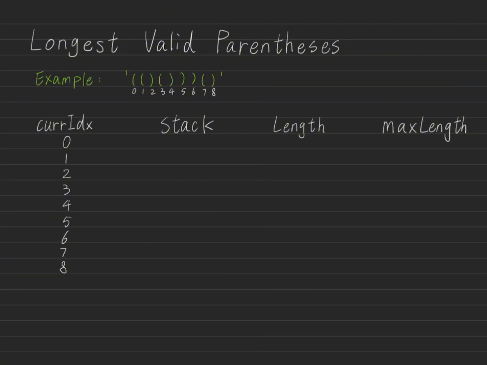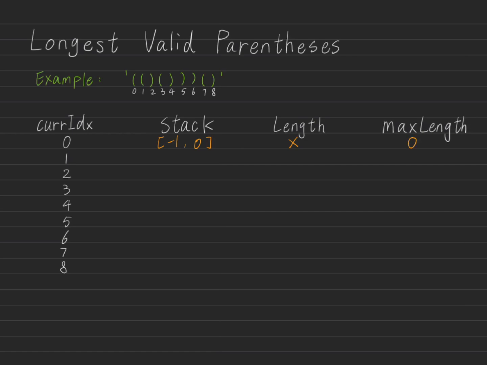So let's go through an example step by step together. At index 0, the stack would be -1 and 0. Since we're not popping anything, we don't calculate the length, and the max length is 0.